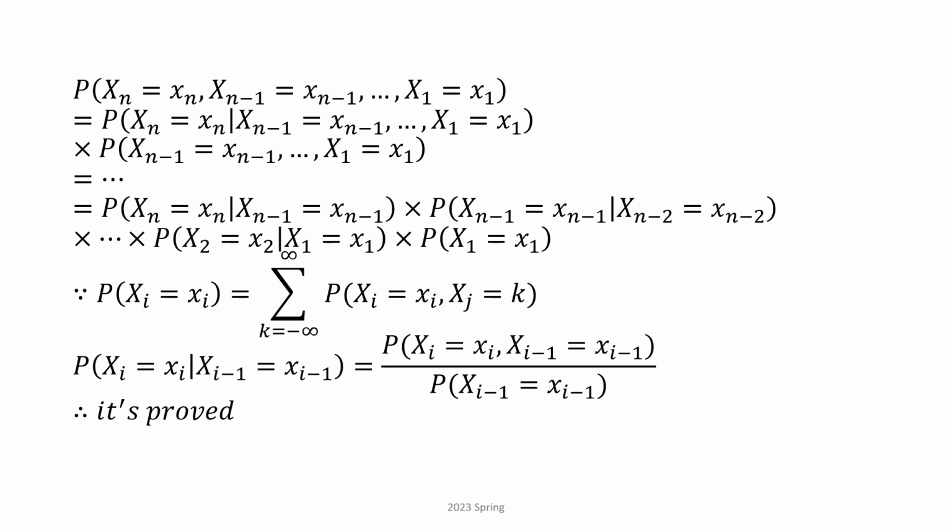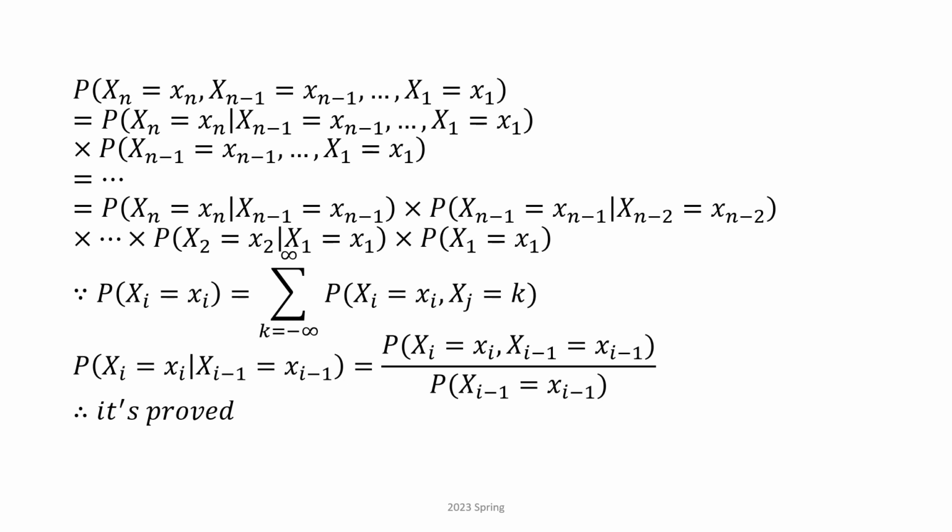And we know that the probability of Xi = xi equals the sum from negative infinity to positive infinity of the probability of Xi = xi and Xj = k, for any constant j.